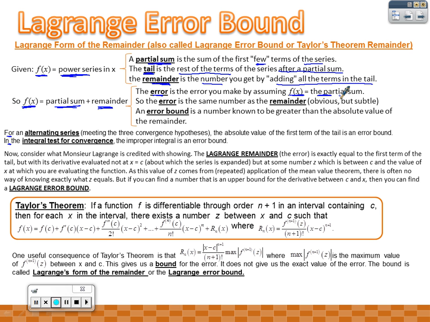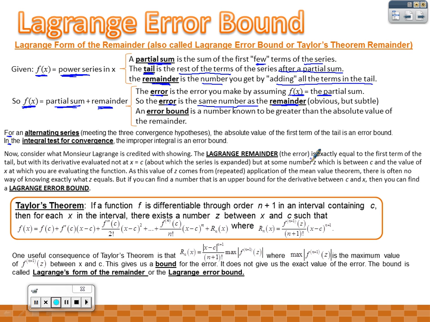So the error is the same number as the remainder. Now it's kind of obvious, but it needs to be said. The error is the same number as the remainder.